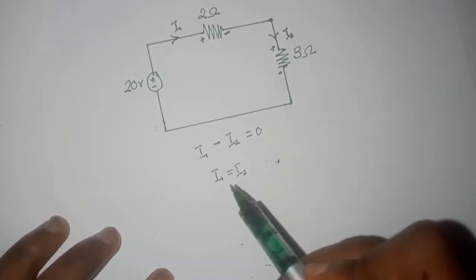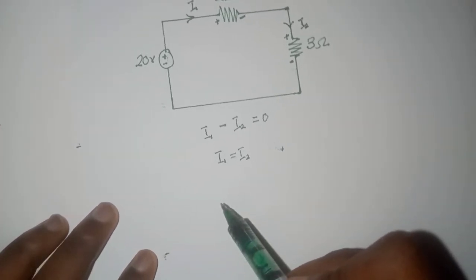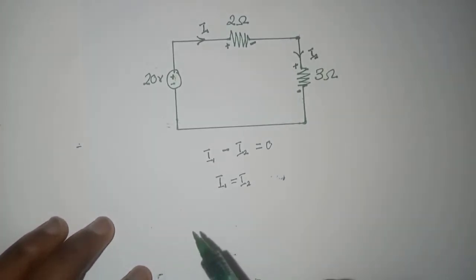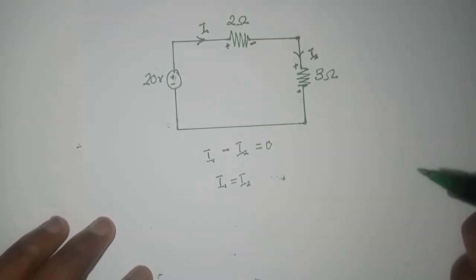After that, we can write Kirchhoff's voltage law for this circuit. To write it, you pick a node to start from.